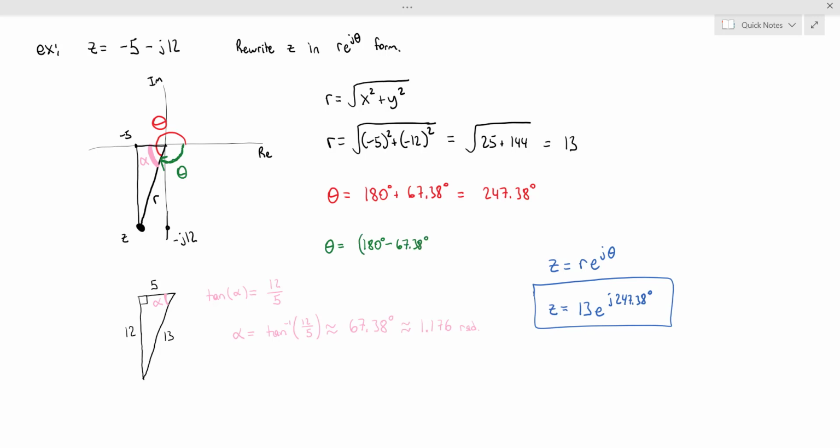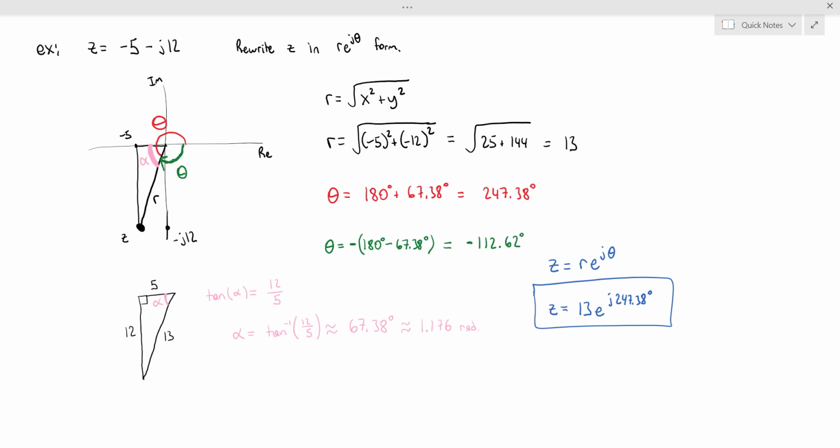But since we're measuring this angle clockwise from the x-axis, we should actually consider it negative as well. So I'll put a minus in front of all of that. And if we subtract these, you should get negative 112.62 degrees.